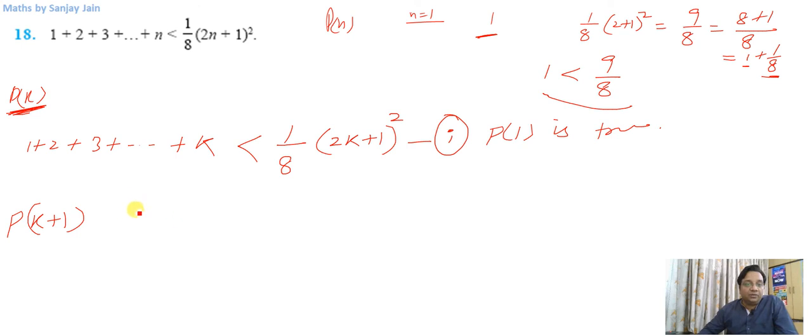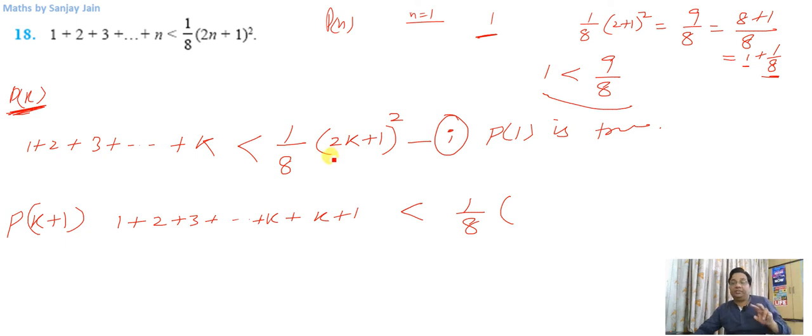So what I am looking for is this statement that goes from 1, 2, 3 and then k plus 1, and on the right hand side I require 1 upon 8 into (2k plus 1). So k when replaced with k plus 1 will give me 2k plus 2, and then plus 1, 2k plus 3, squared. This is the right hand side that I require, right?